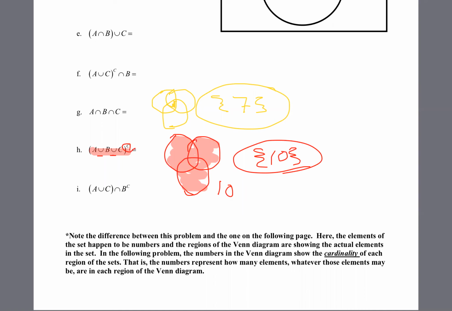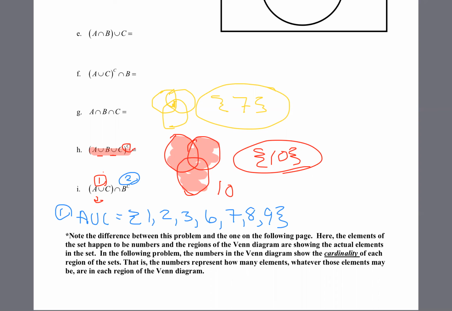And then finally, we're going to go through the steps again. A union C. Let me change the color so we don't get confused. We found up top, it was 1, 2, 3, 6, 7, 8, 9. And then we're going to take the complement of B, which we also already found. And we are intersecting those together.